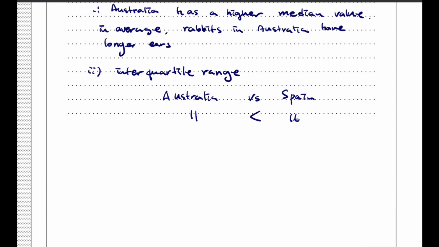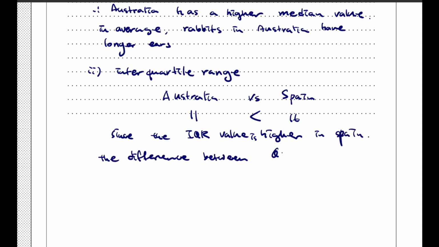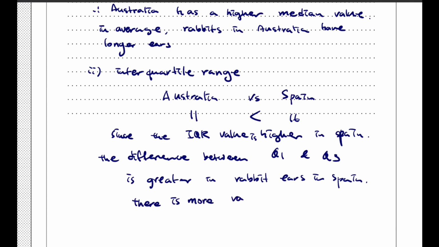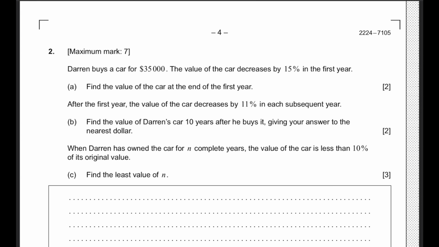That means the difference between the lower quartile value and the upper quartile value is greater for rabbit ears in Spain. That means there is more variation or spread than in Australia in terms of the length of the rabbit ears.